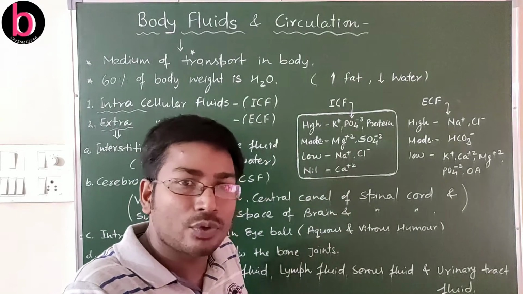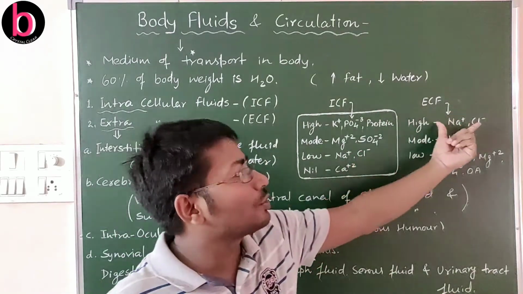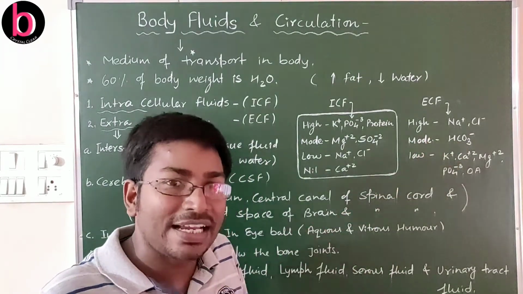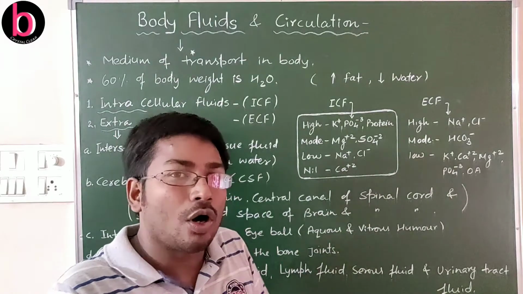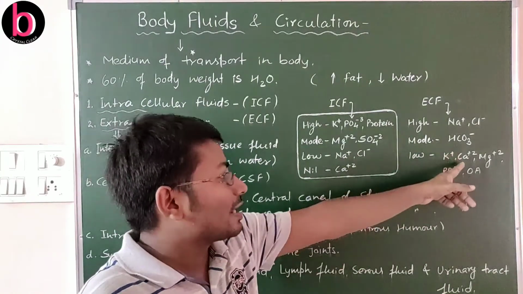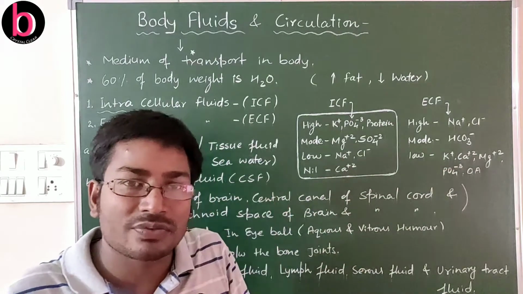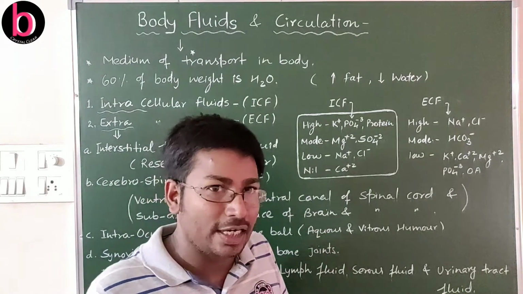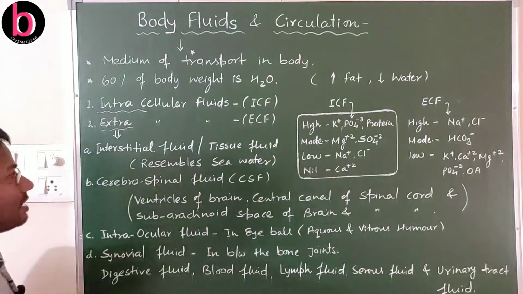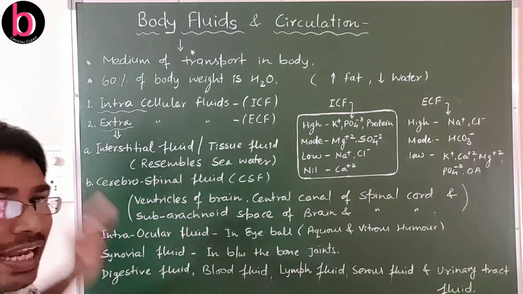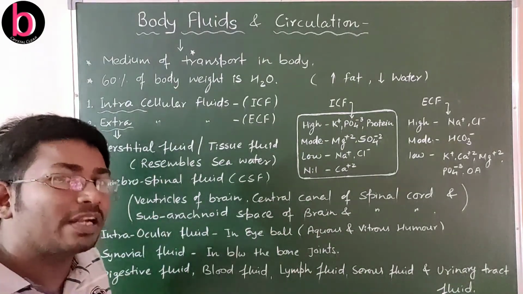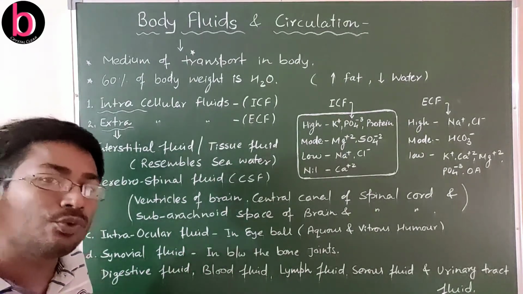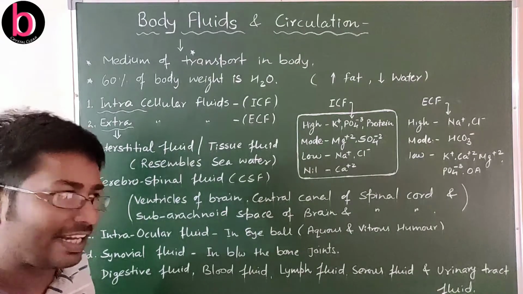In extracellular fluid, the concentration of sodium and chloride is very high, while there is moderate concentration of bicarbonate ion, and the rest, like potassium ion, calcium ion, magnesium ion, phosphate and organic acids, are very low in quantity. If we discuss individual cells, there may be a little variation in composition from cell to cell, but it is almost the same from unicellular to multicellular organisms.